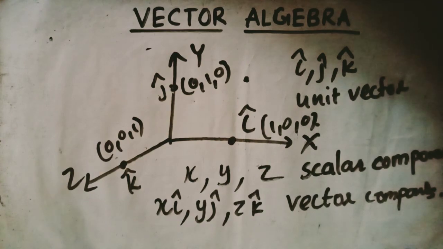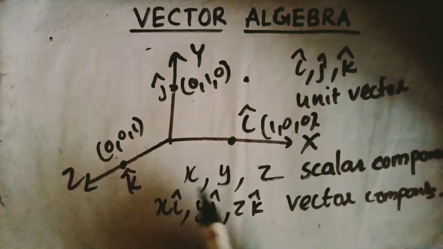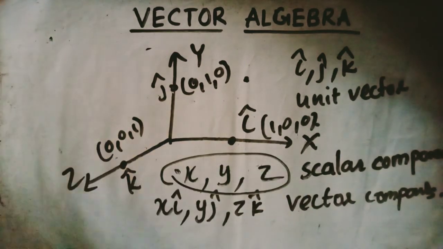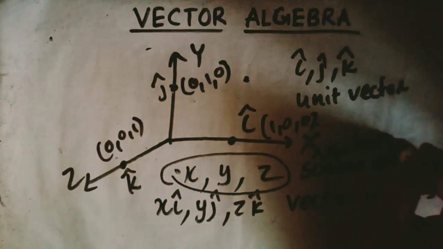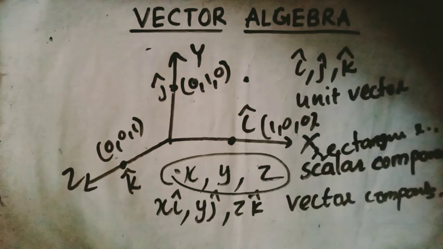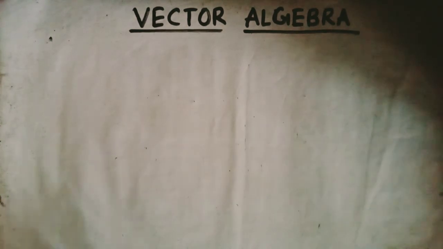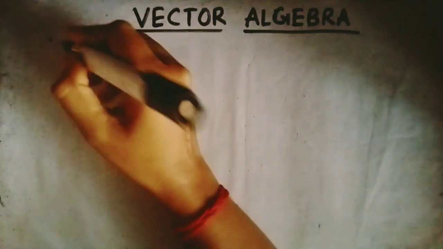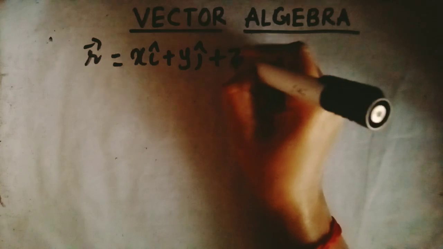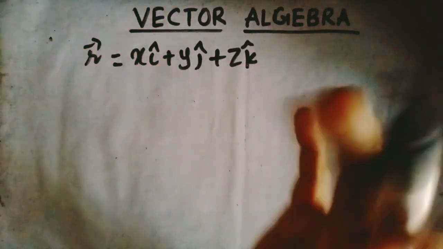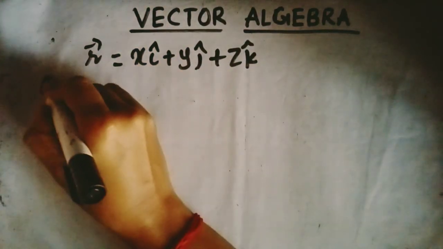And these are also termed as rectangular components. Now how is a vector represented? Suppose you are taking position vector. So xi plus yj plus zk. So if you are adding two vectors, say a plus b.